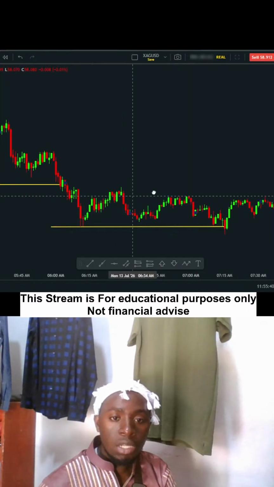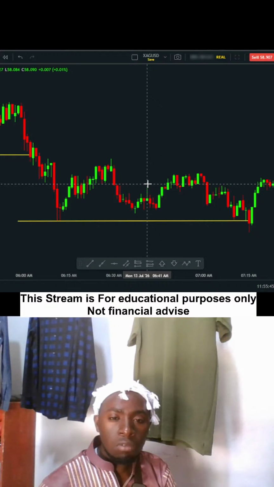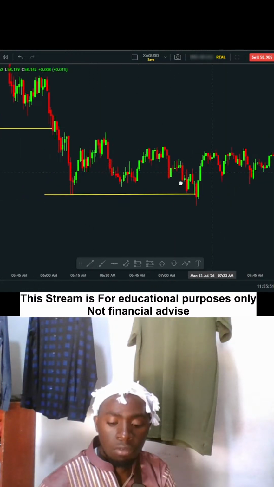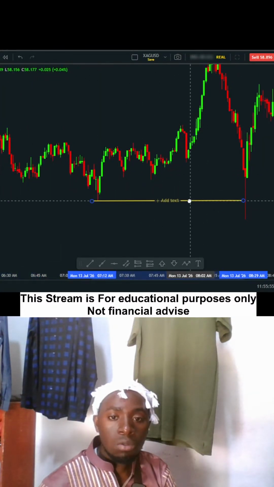I'm not considering this as a low actually, because I don't see it being as clear as I would want it to be. It lacks a few things. So I would consider this as my low right there.